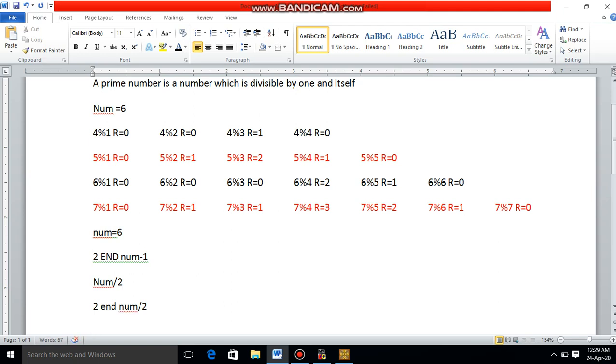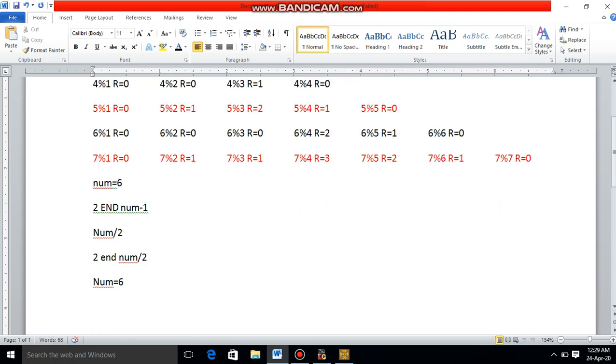So what I am trying to say is, if num equal to 6, instead of dividing that num from 2 to 5, dividing up to num by 2 is more than enough.